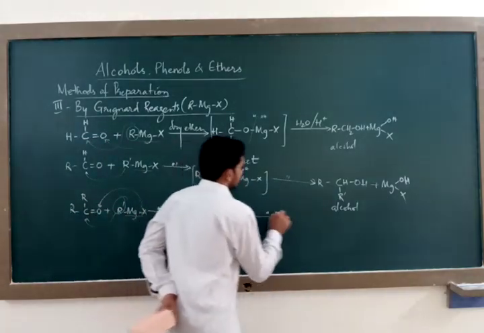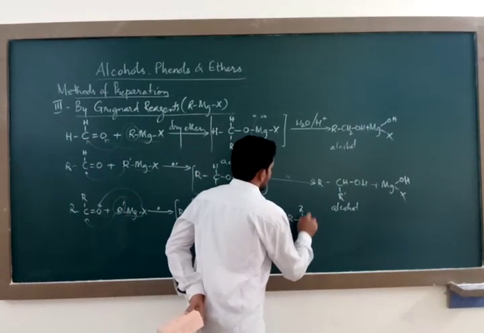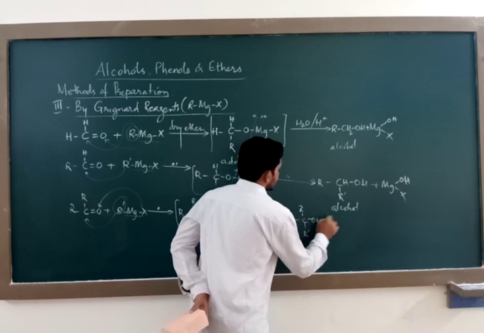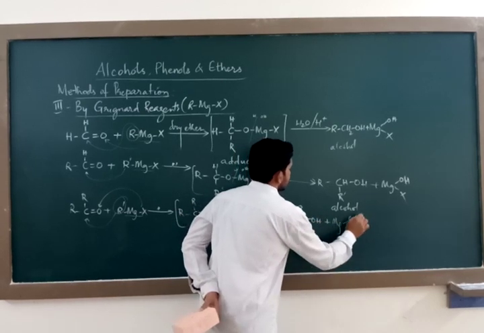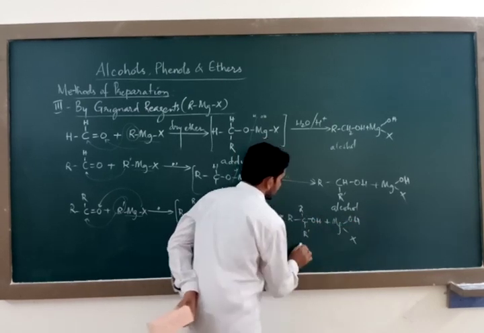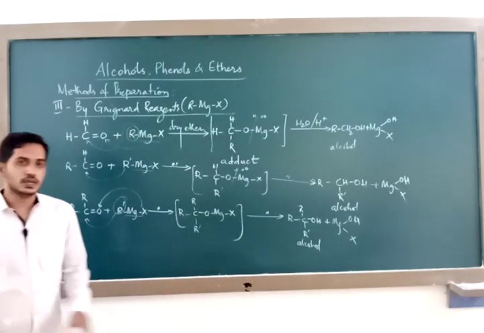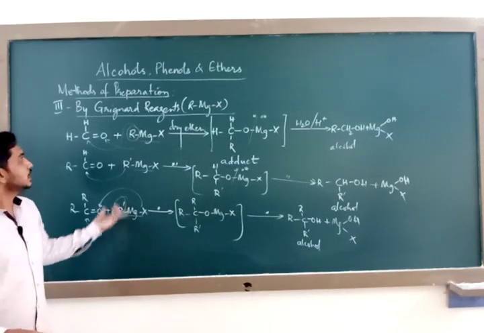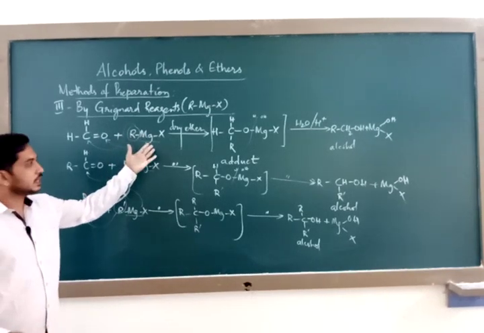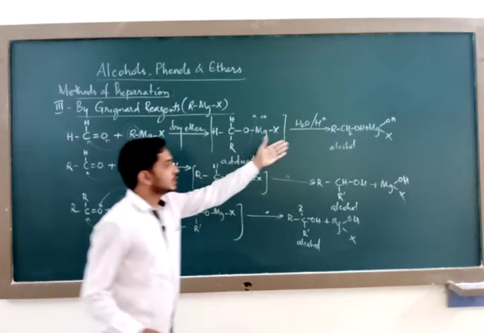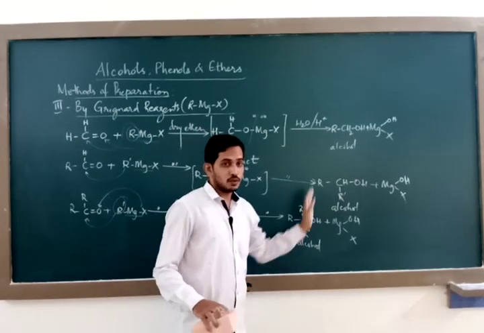Its hydrolysis will give you RCRR'OH plus MgOH and X. This is also an alcohol. Whether it is aldehyde or ketone, if it is reacted with a Grignard reagent and further hydrolyzed, the products are alcohols, but all alcohols are different.